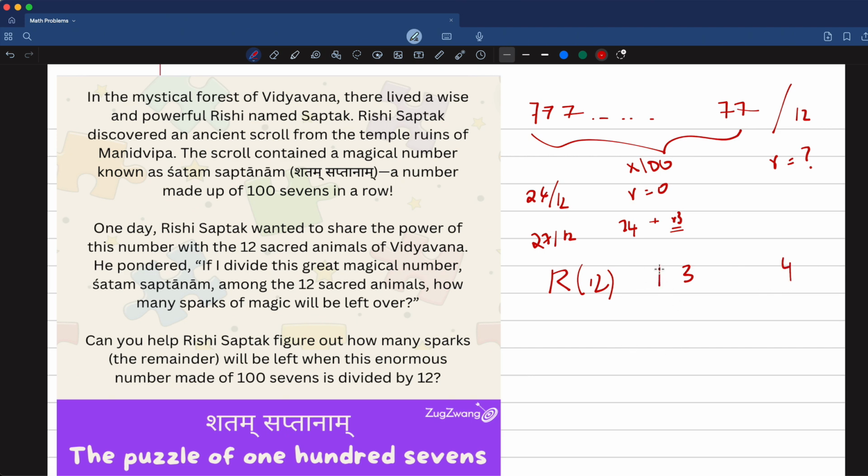So the divisibility rule for 3 and the divisibility rule for 4 would decide the divisibility rule for 12. In other words, what we want to come across is a number that's less than 77777 and is divisible by 12. In that case, we could rewrite this huge number as the number that's divisible by 12 plus the remainder. So how do we go about doing it?